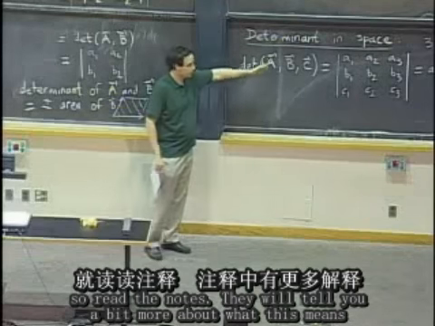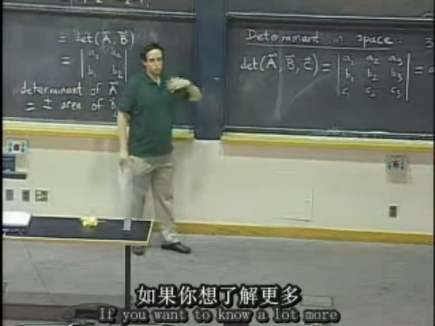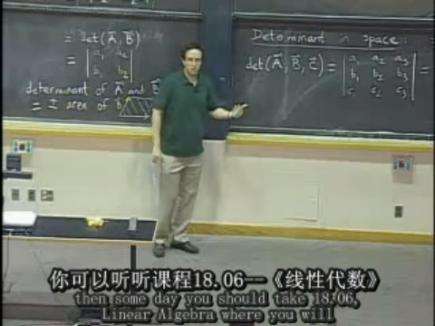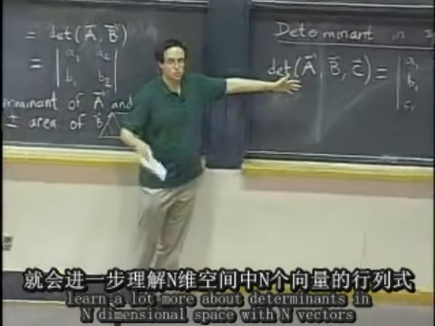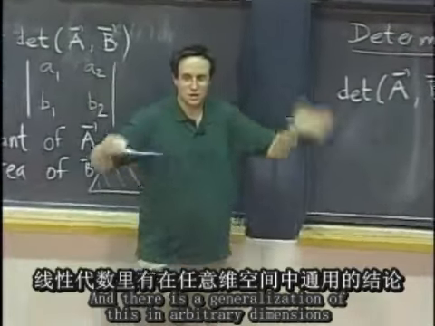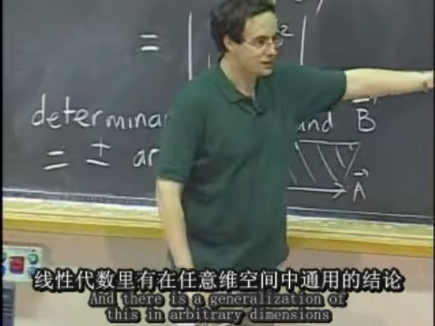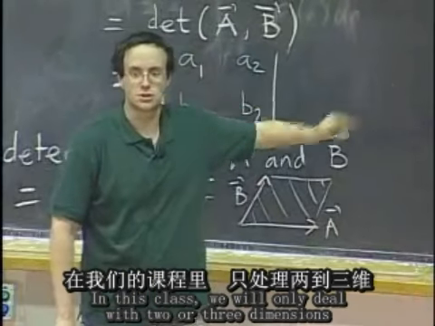They will tell you a bit more about what this means, where it comes from, and so on. If you want to know a lot more, then someday you should take 1806, linear algebra, where you will learn a lot more about determinants in n-dimensional space with n vectors. There's a generalization of this in arbitrary dimensions. In this class, we'll only deal with 2 or 3 dimensions.